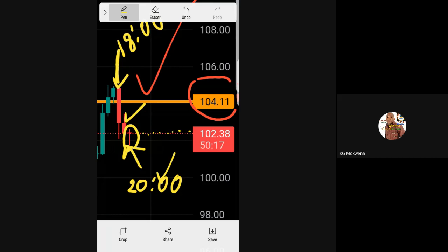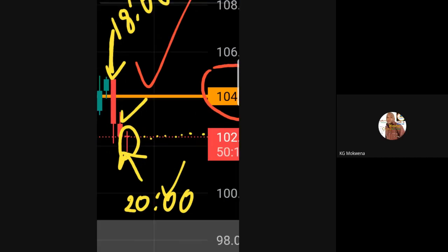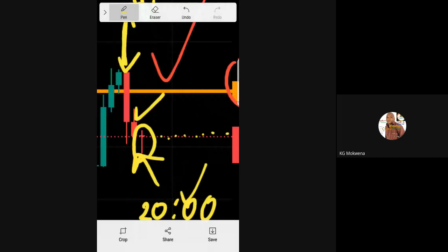So what is showing us here, Messi, is that when you started the trade of Solana, it was some minutes past 18 hours. And I remember our appointment was for 18 hours, remember? Yes. So we are doing this so that we understand how to read the candlesticks and the price movement, so that we trade with peace of mind.